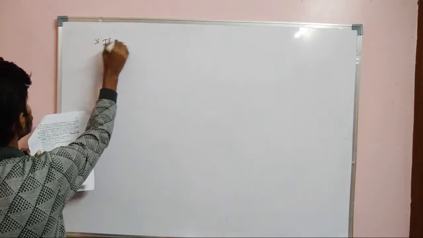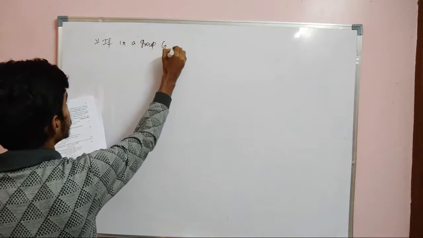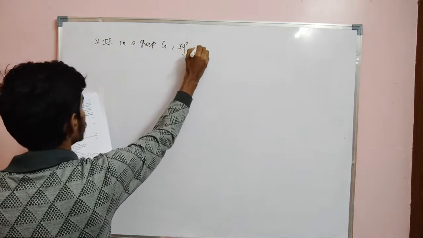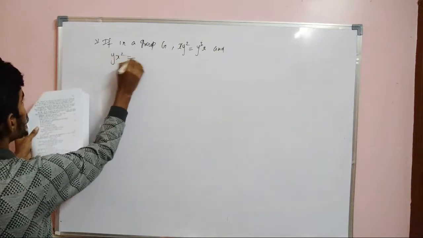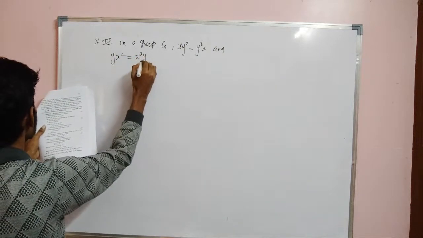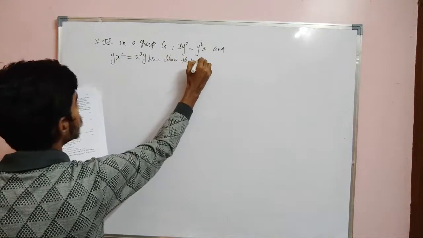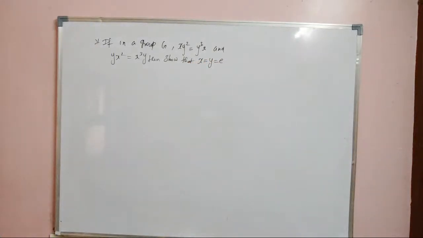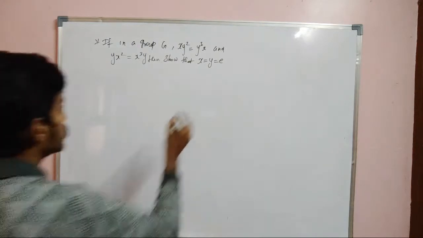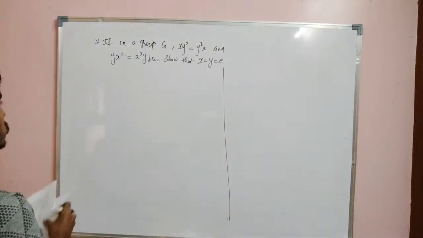So last problem, in a group G, if x y square is equal to y cube x and y x square is equal to x cube y, then show that x is equal to y is equal to e, where e is the identity of G. Solution.